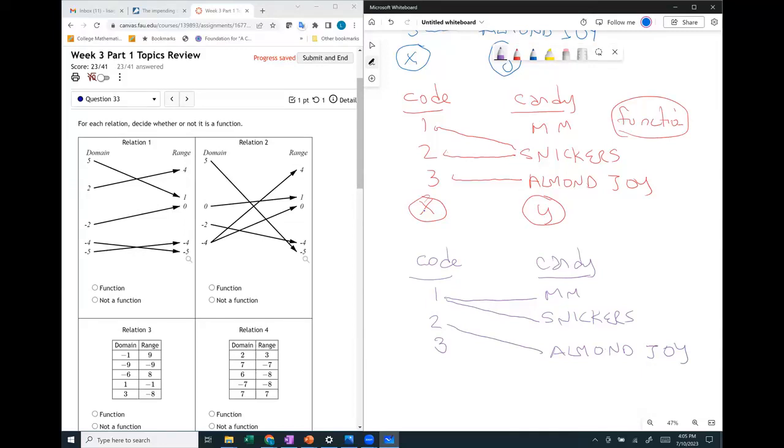Well, that's not great, because what if I want an M&M? They're not going to give me 2 pieces of candy. They're going to choose for me. I don't really like that. If this is X and this is Y, then for every X, do I have only one Y? No, this X goes to 2 different places and the machine's going to choose which one it's going to go to. I don't get to choose. This is not a function.